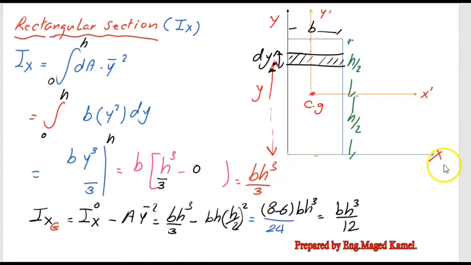We know that this is Ix for the external x-axis, which is passing by the corner, while our aim is to estimate the Ix dash, which we are going to call Ixg to denote that this is at the CG.